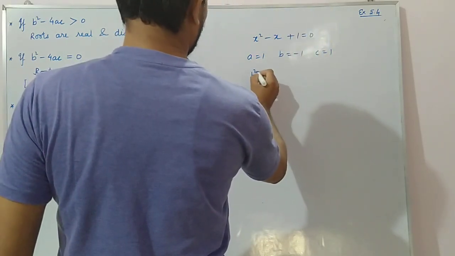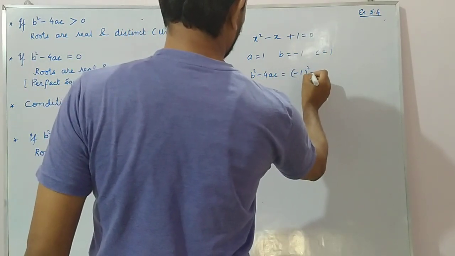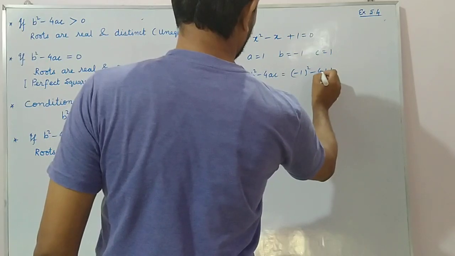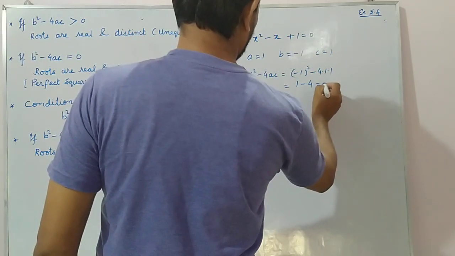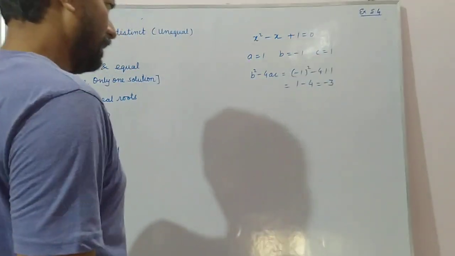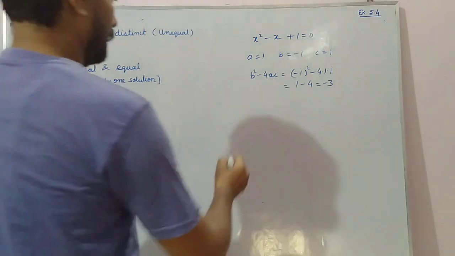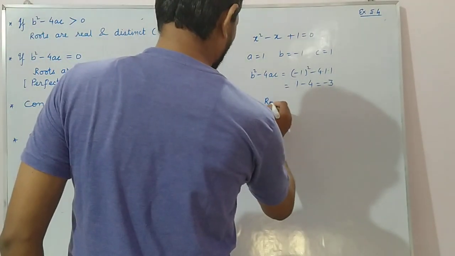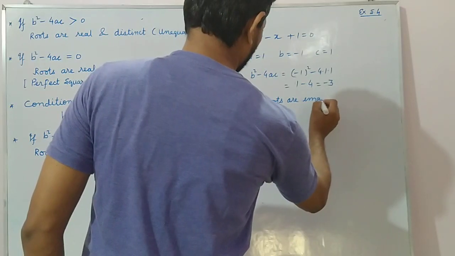We will find b square minus 4ac: minus 1, the whole square, minus 4 into 1 into 1. 1 minus 4 equal to minus 3. So b square minus 4ac is minus 3. Therefore, roots are imaginary.